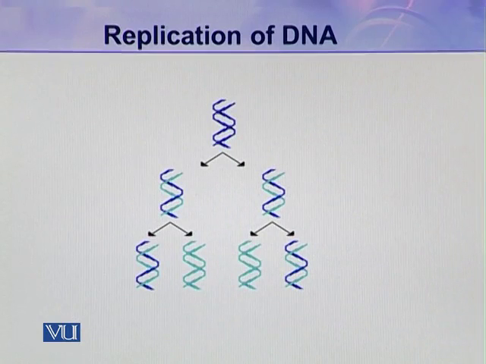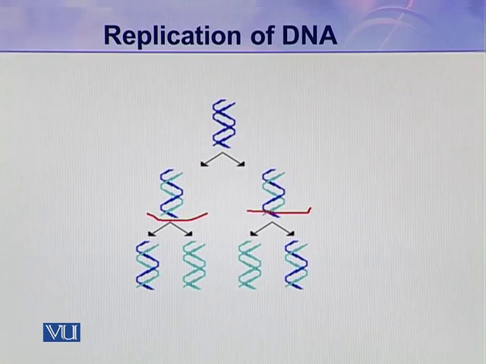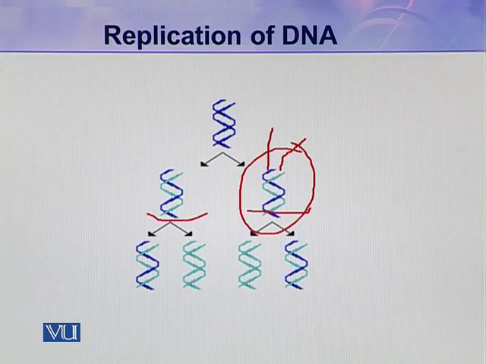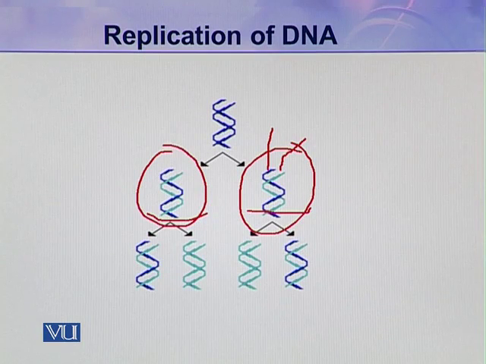So in this diagram, you can see when a DNA replicates, it makes two new DNA duplexes, and in the new DNA duplex, one strand, as you can see, this blue one, is the parental strand, and the other, which is light green in color, is the new one. So in each duplex, in this duplex as well, the DNA is composed of one parental strand and one new strand.